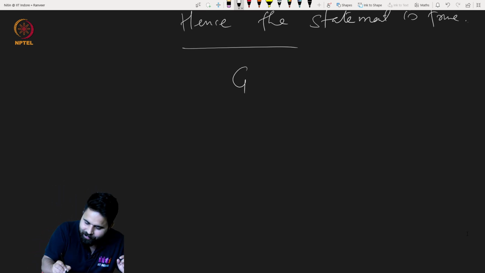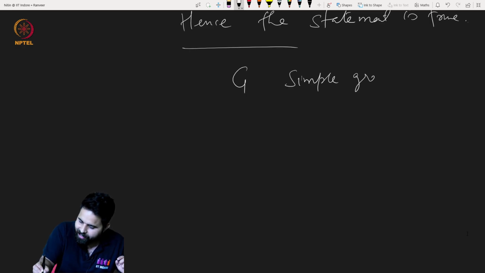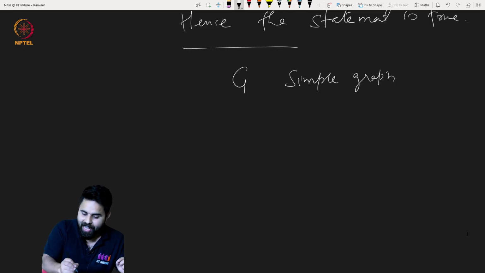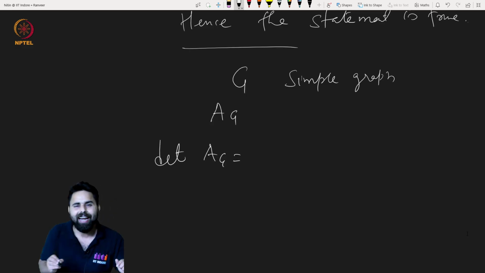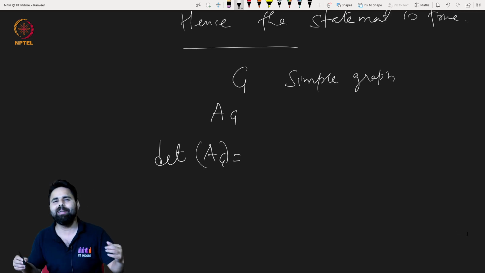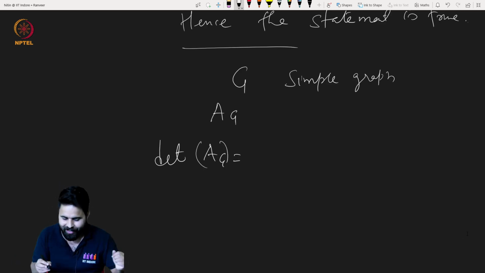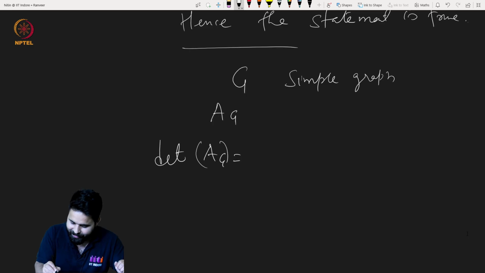Suppose G is some simple undirected graph, and suppose A_G is its adjacency matrix. How can we write the determinant of A_G? Let me first write the formula, and then I will tell you how it follows from what we have said just now.